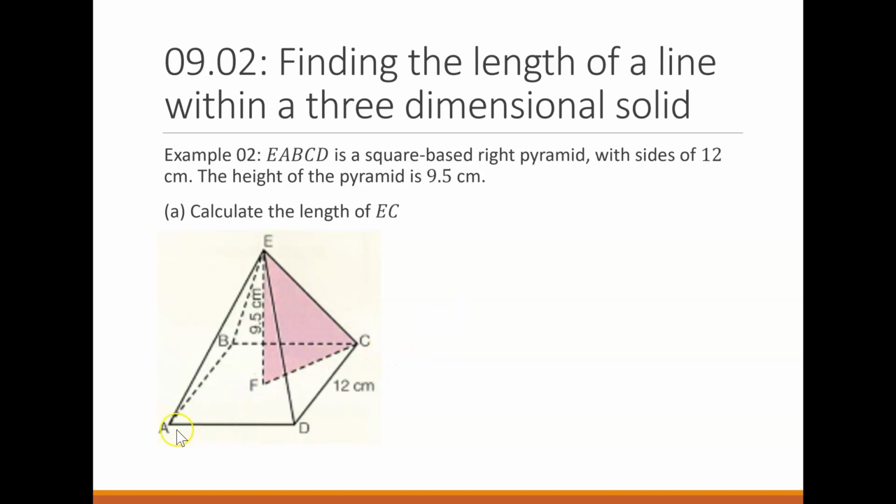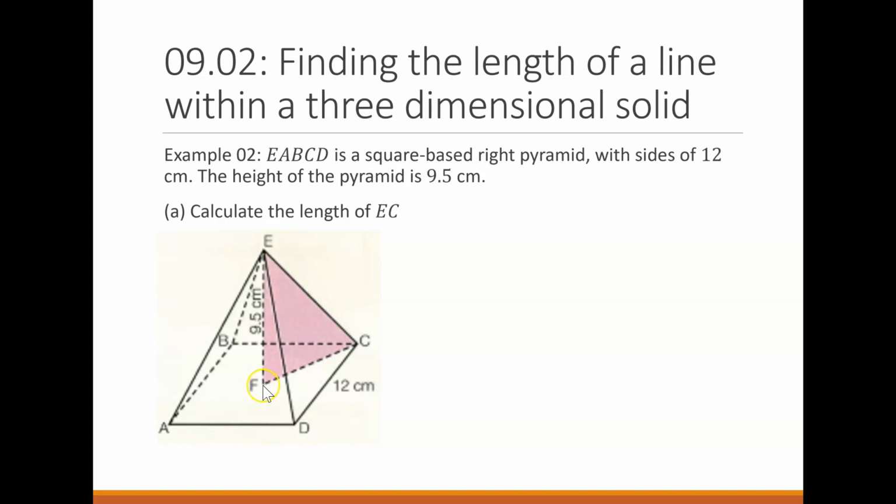Yeah, so if I do ACD, that involves FC. What is the relationship to FC and AC, though? What's the relationship between those? FC's got to be half. Yep, that's what we're going to do.